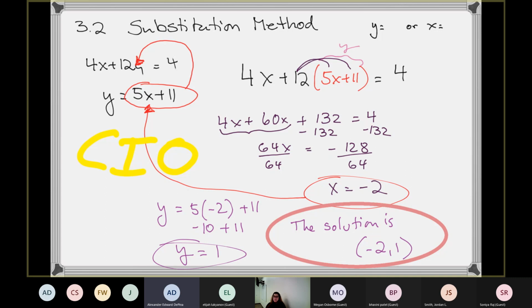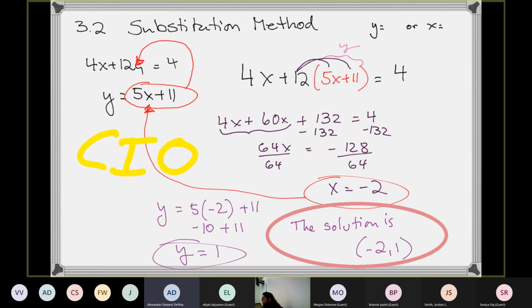Okay, back to math. Does the first value you find always go back in the equation you found it with, or does it matter? It makes perfect sense. Jordan is asking, should we always plug the first value into the equation that we found it with?